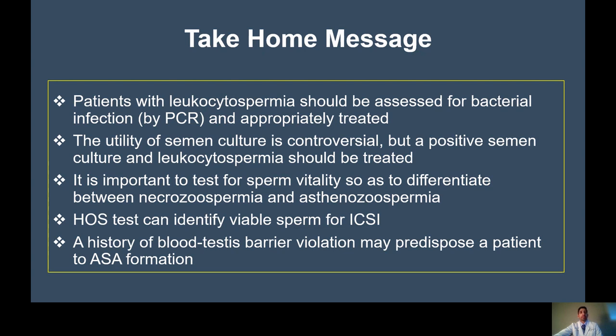A history of blood-testis barrier violation may predispose a patient to anti-sperm antibody formation. This again is a very important past medical history that you should obtain from the patient. Any sort of surgery or trauma to the testicle can result in severe sperm agglutination due to anti-sperm antibodies and should be assessed for.